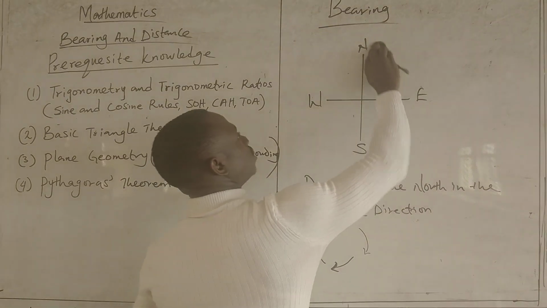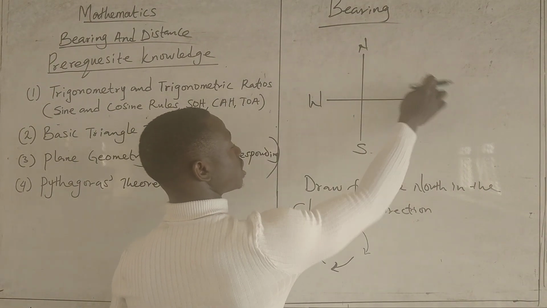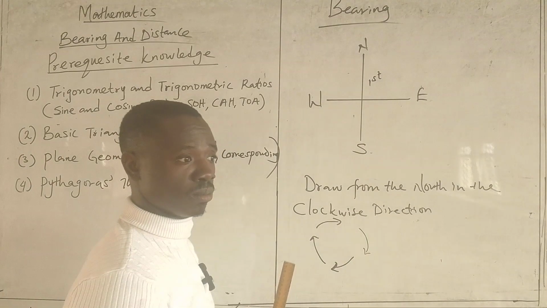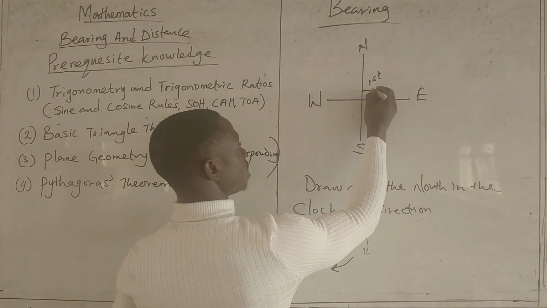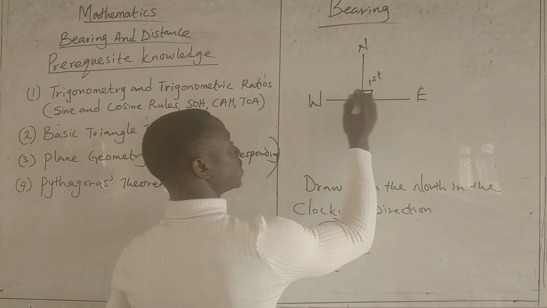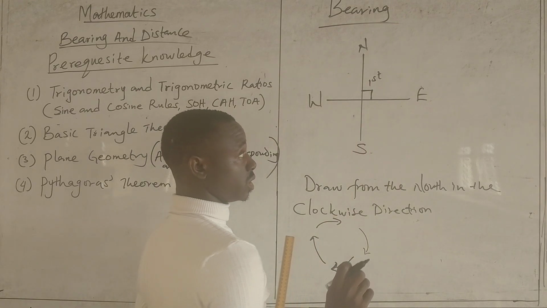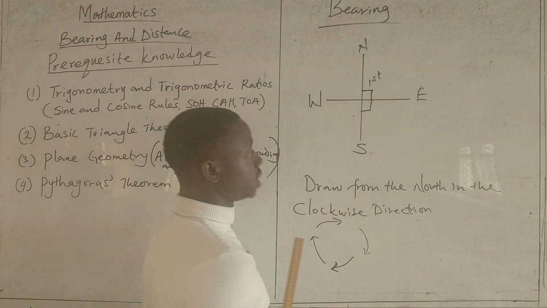Now, you must understand that from north to east, we call it the first quadrant, under bearing. And from north to east is what? Is angle 90 degrees. From this line to this line is 90 degrees. Then from east to south is also 90 degrees.